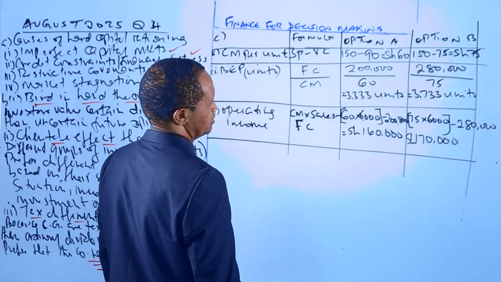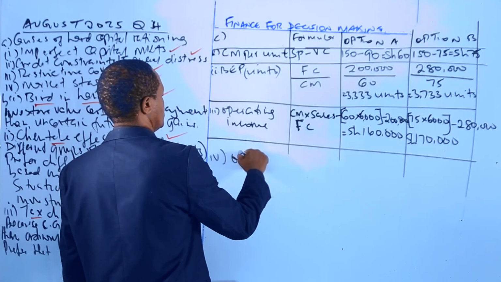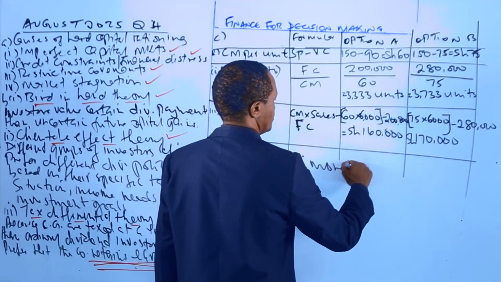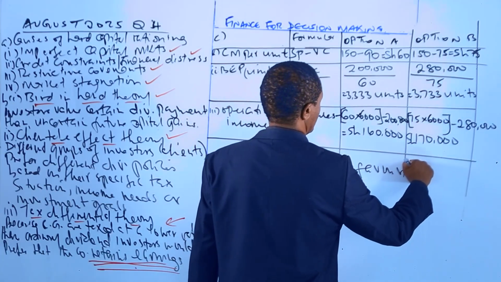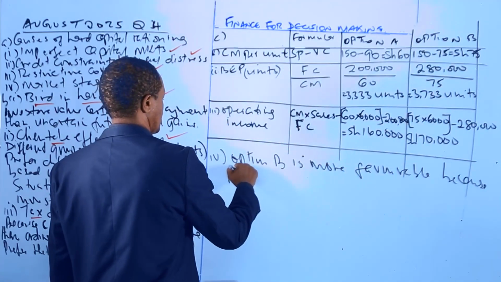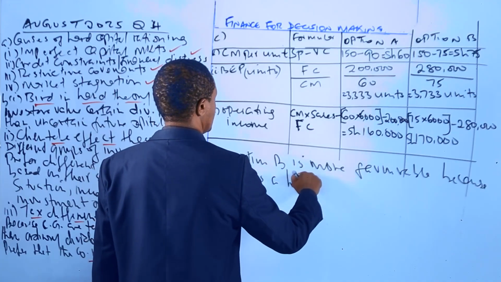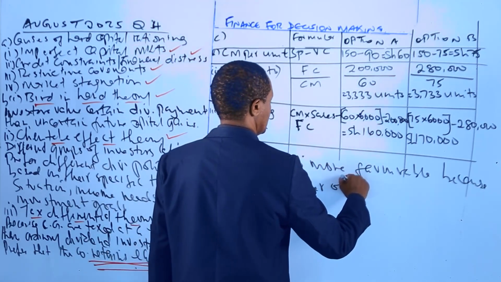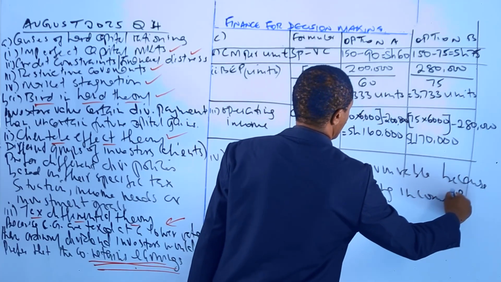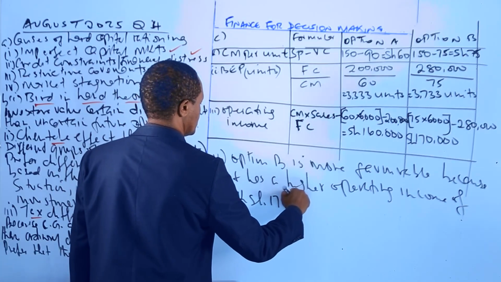Definitely option B is more favorable because it promises a higher operating income of 170,000 shillings.